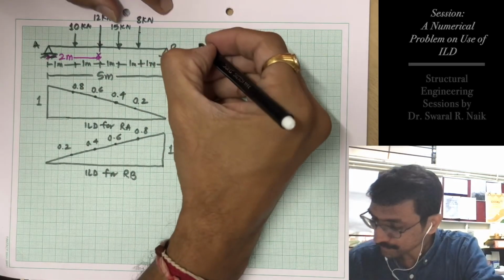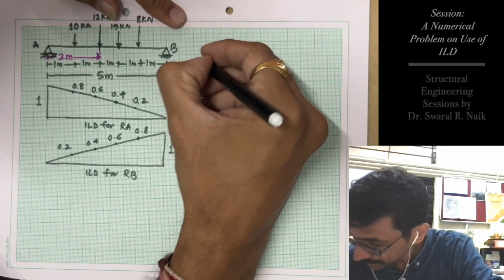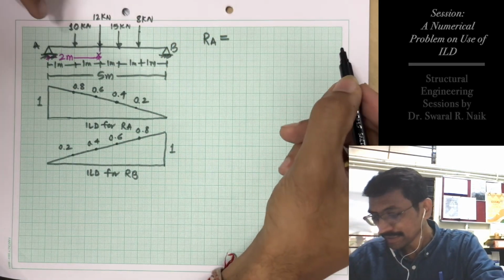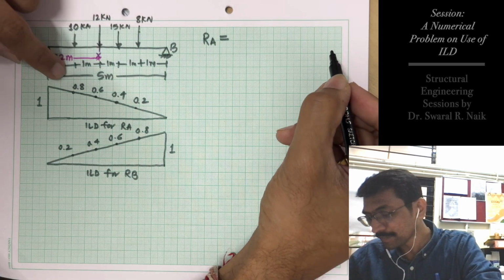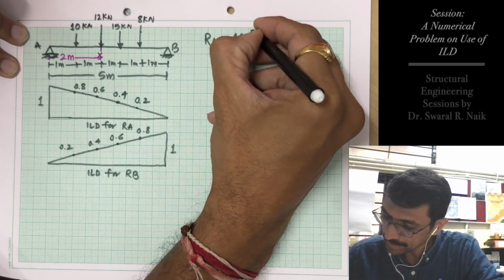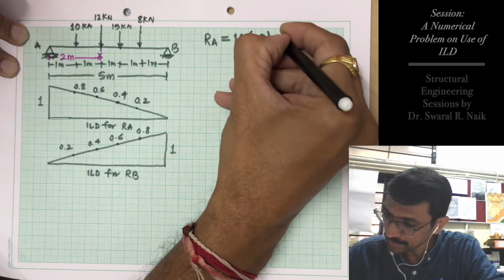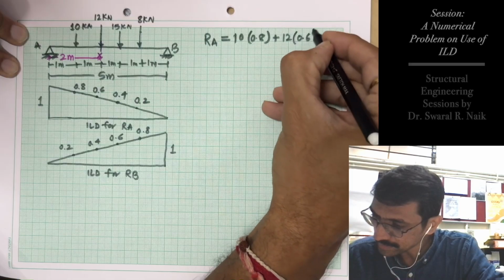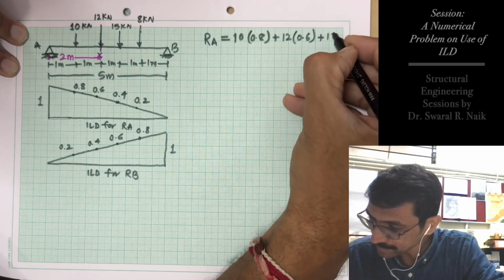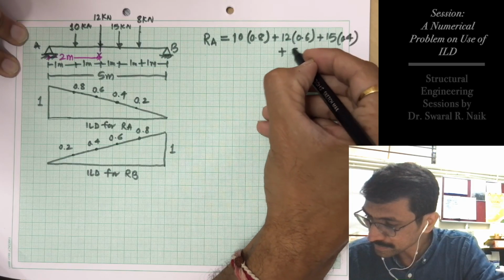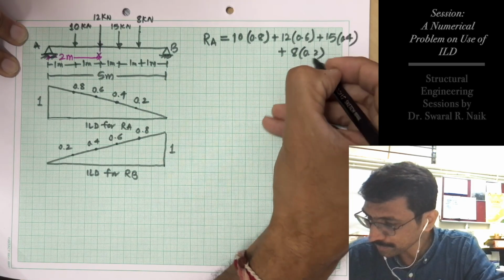So the value of RA will be nothing but these individual load values multiplied with these ordinates. So RA will be 10 into 0.8 plus 12 into 0.6 plus 15 into 0.4 plus 8 into 0.2.